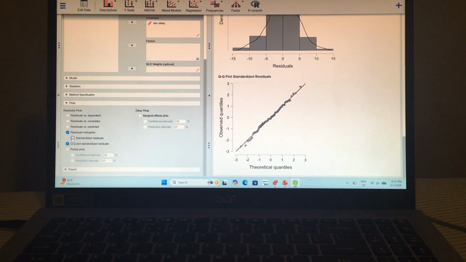The shape of the distribution should be the same, and it is. It will just keep the values on the x-axis in the units of the dependent variable.